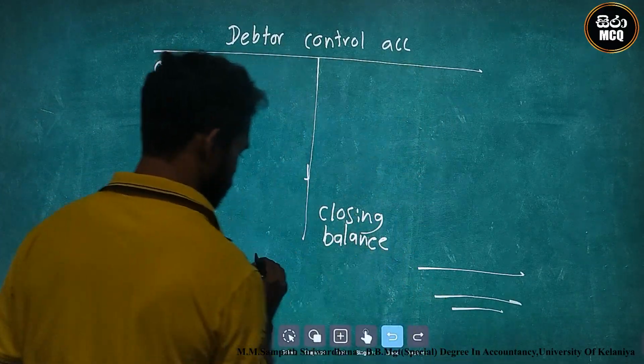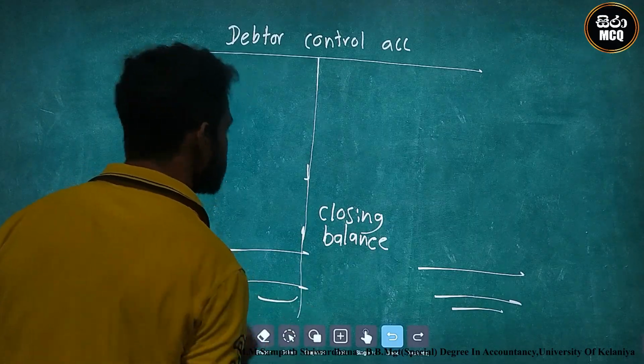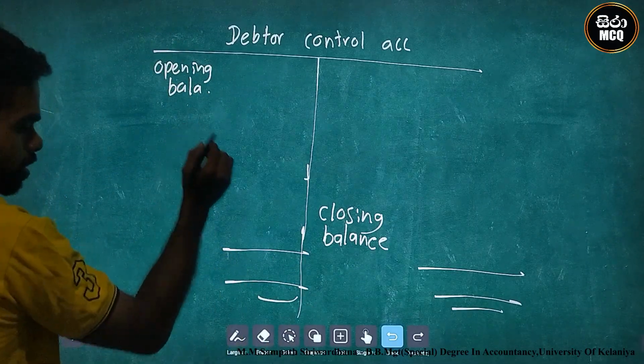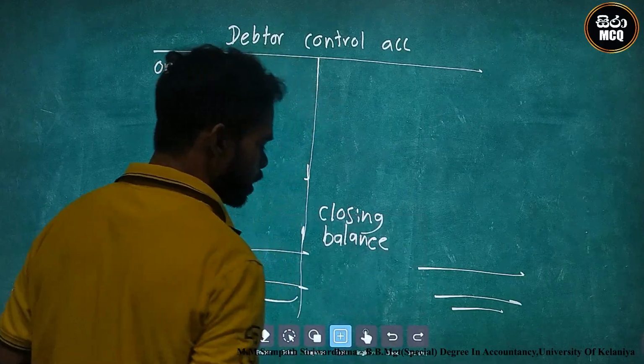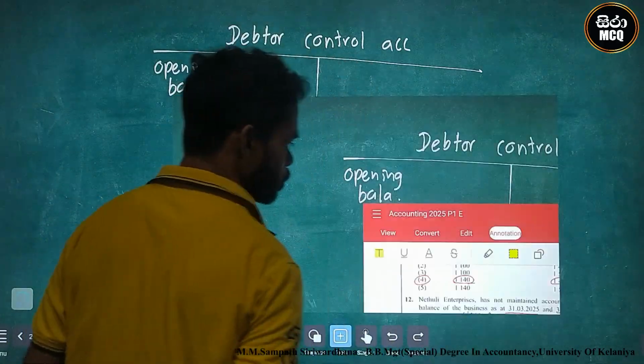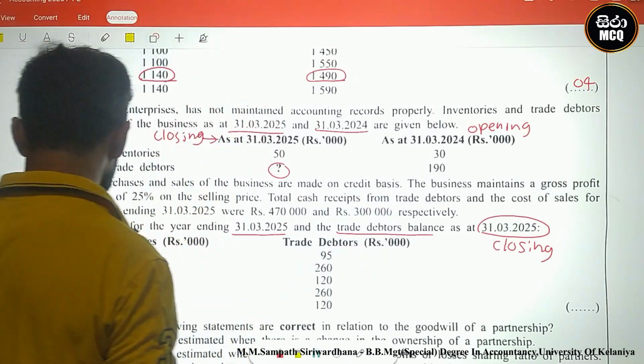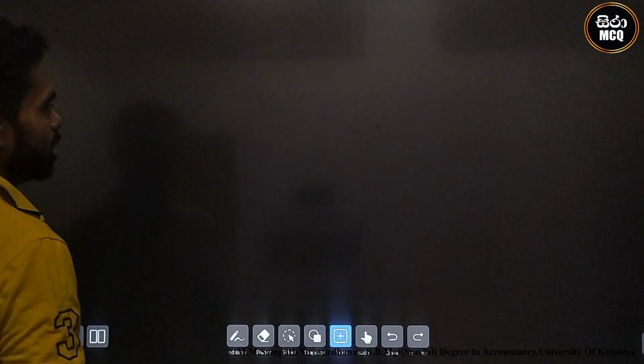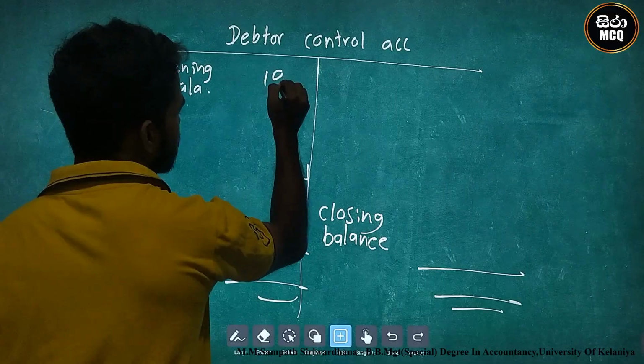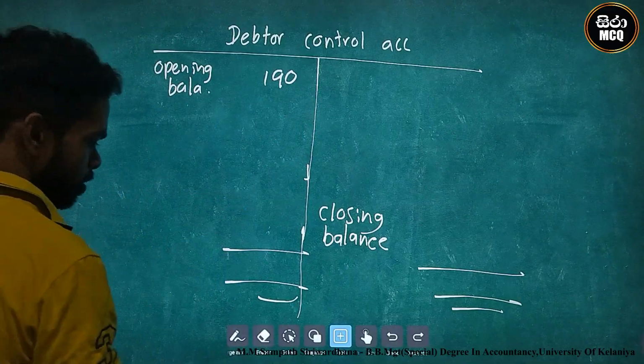This is the balancing figure. Opening balance is 190, a debit opening balance.